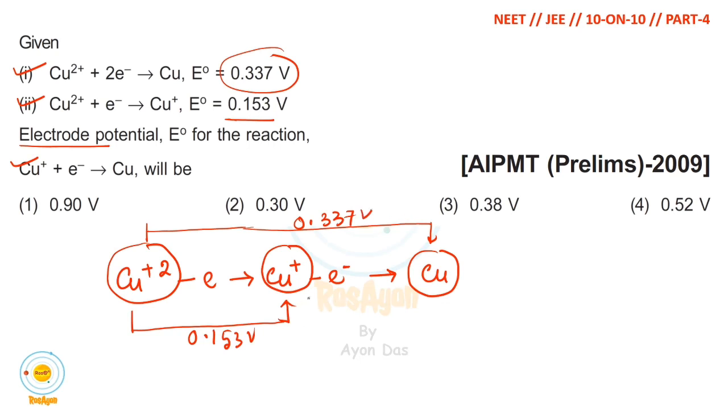You have to determine the electrode potential during the change from copper plus to copper. Let us consider that electrode potential is X. So let it be X.